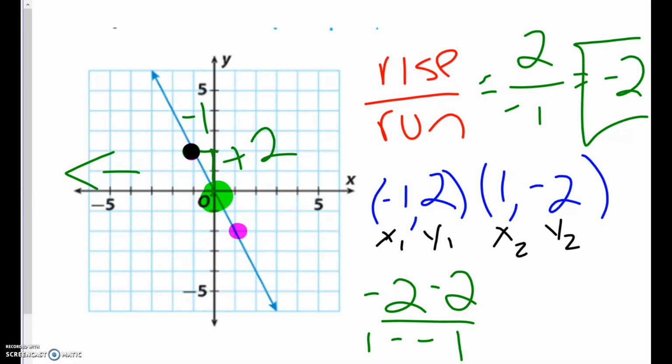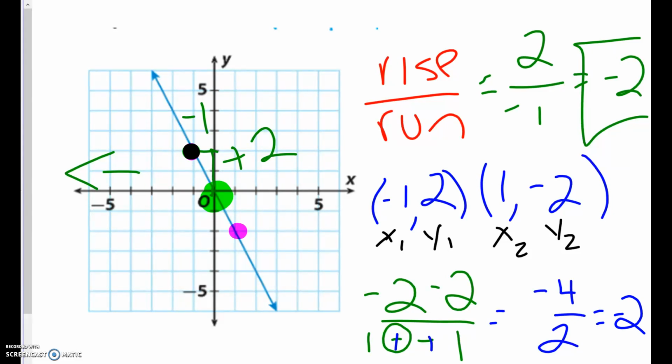It's always going to be that minus. So if you have a negative, you're going to have to change that to a positive. Negative 2 minus 2 is a negative 4. 1 minus a negative 1 is a positive 2, and that reduces down to a negative 2.